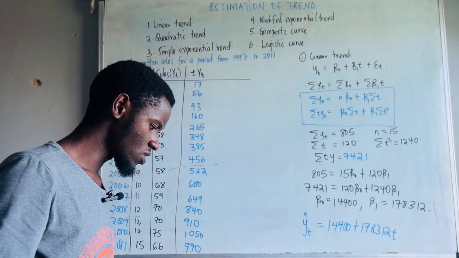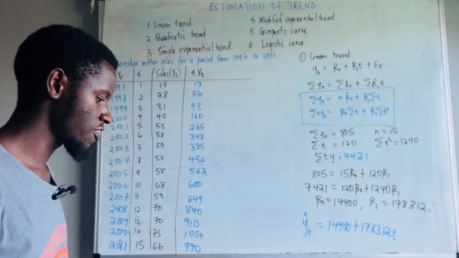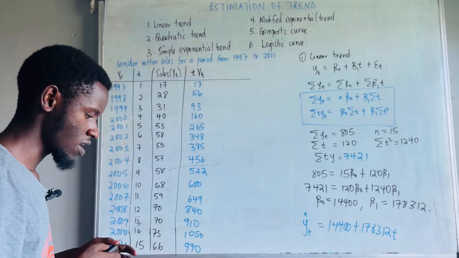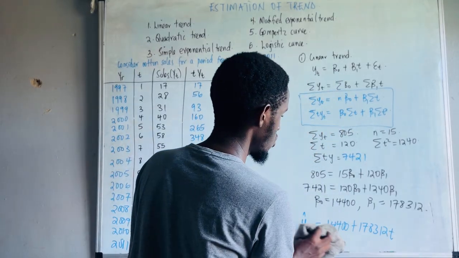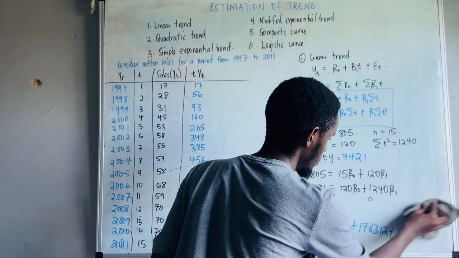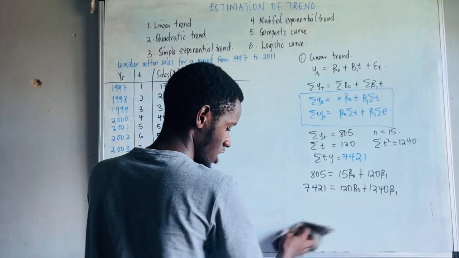I think members, with that you are able to appreciate, and everything is fine with this. Sorry members, we are solving these equations. What's our beta 0 and beta 1? Let's press the calculator properly and see the answers we get.